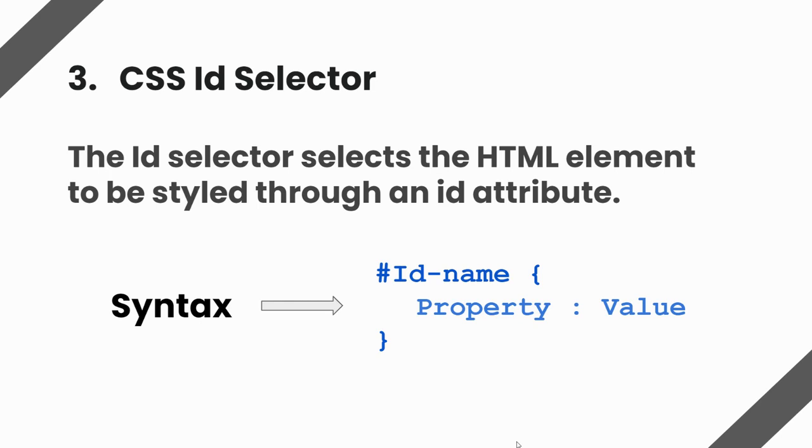As we can see from the syntax, the CSS ID selector starts with a hashtag. You have the hashtag first, then the ID name.